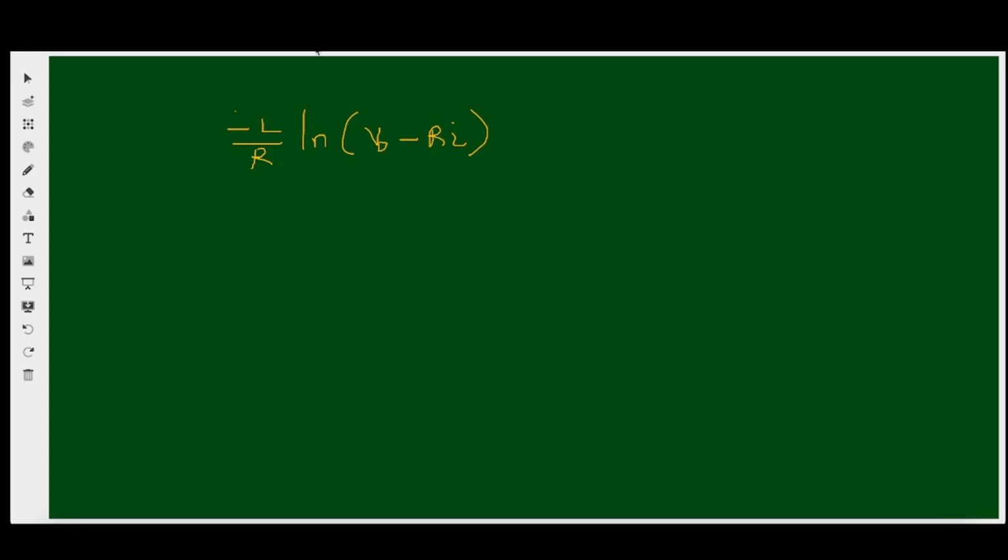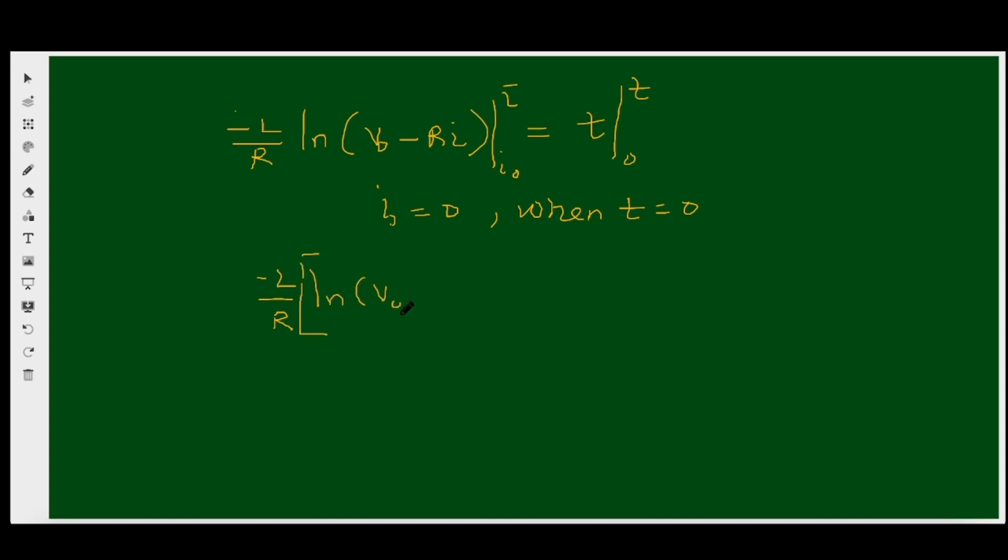And when we integrate with respect to t, the right hand side, we have t, and of course from 0 to t, this is from I naught to I. So when we assume that I of I naught is equals to 0 when t is equals to 0, we input that, and we have minus L over R ln, let me put this in the bracket, ln V naught minus Ri for the upper limit, and for the lower limit, when we put I is equals to 0, we just have ln V naught, and therefore it will be equals to t.